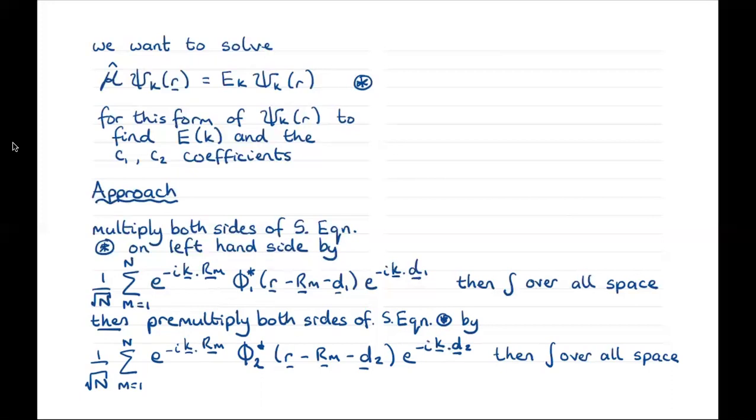So this process will give us two equations which will depend on C1 and C2 and on the energy. And we'll solve these two equations in a matrix form.